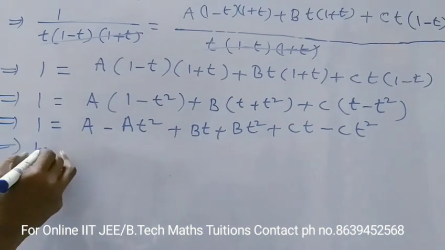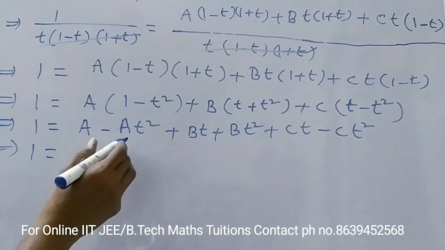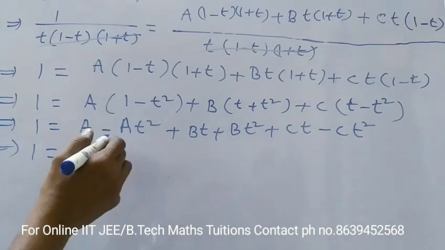This implies 1 is equal to, first of all taking the t square terms, later t terms and constant terms.